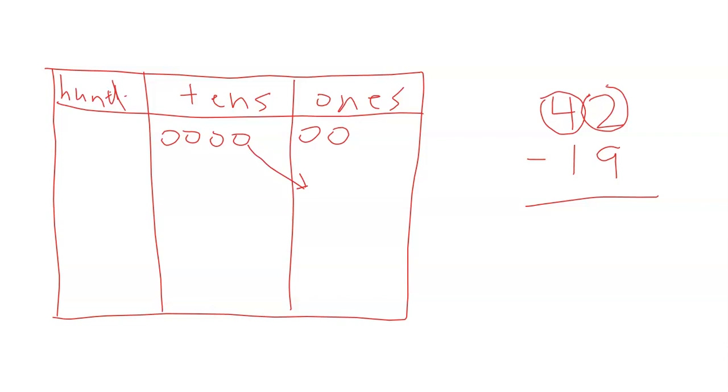And when I bring a 10 over to the ones place, it actually creates 10 ones because we know that 10 ones equals 1 ten. So I'm going to break this 10 apart into 10 ones. So I'm going to go ahead and add those here. 1, 2, 3, 4, 5, 6, 7, 8, 9, 10.